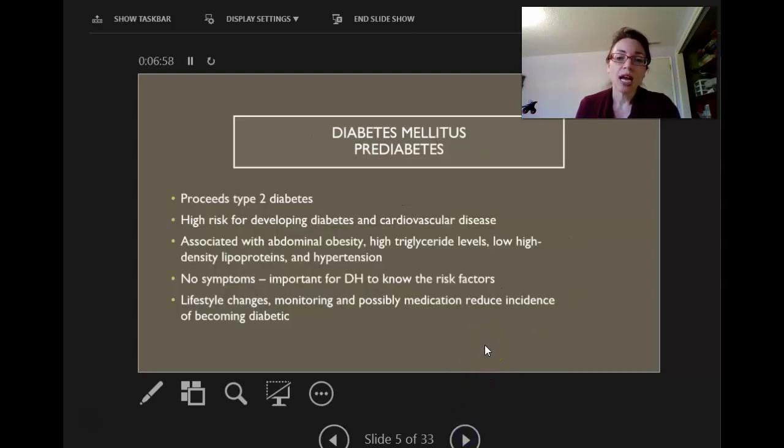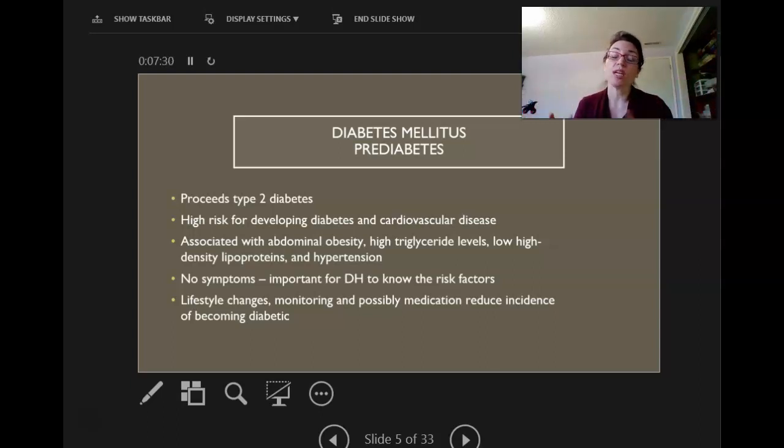Pre-diabetes: approximately 33.9% of the U.S. adult population has diagnosed pre-diabetes. And pre-diabetes is also called impaired glucose tolerance and impaired fasting glucose. Those are terms that refer to the metabolic stages somewhere in between normal glucose homeostasis and diabetes. So they're not quite diabetic, but they're not doing so great either.